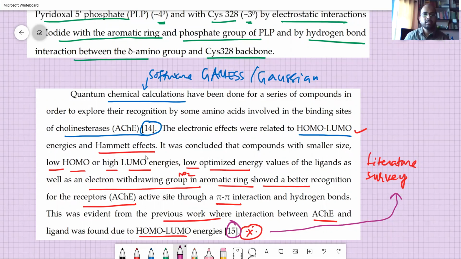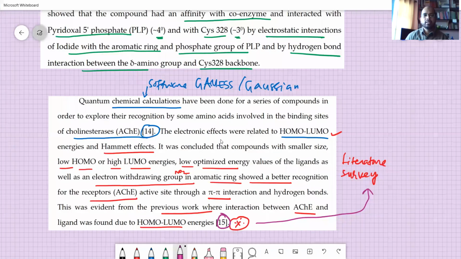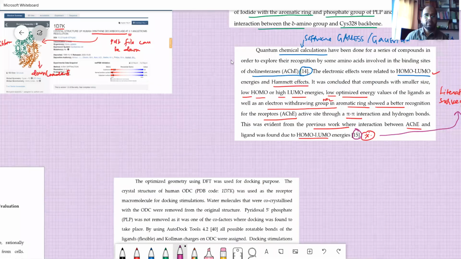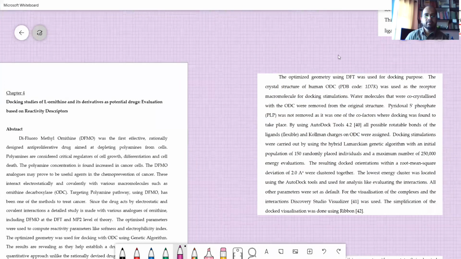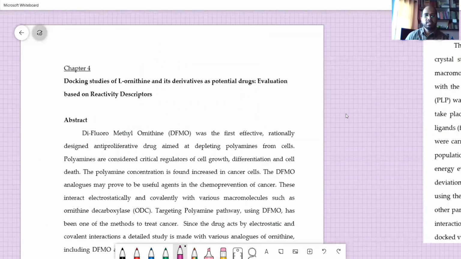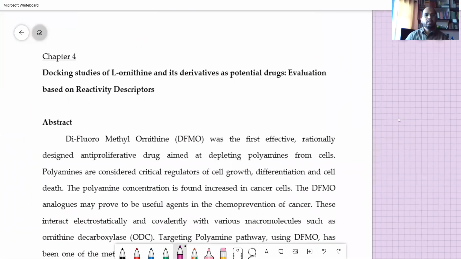ornithine decarboxylase can be downloaded and its activity can be calculated, and see what I have done. You can see there one of the case studies, the chapter on docking studies of L-ornithine and its derivatives as potential drugs. It's a very good potential drug evaluation based on reactivity descriptors.